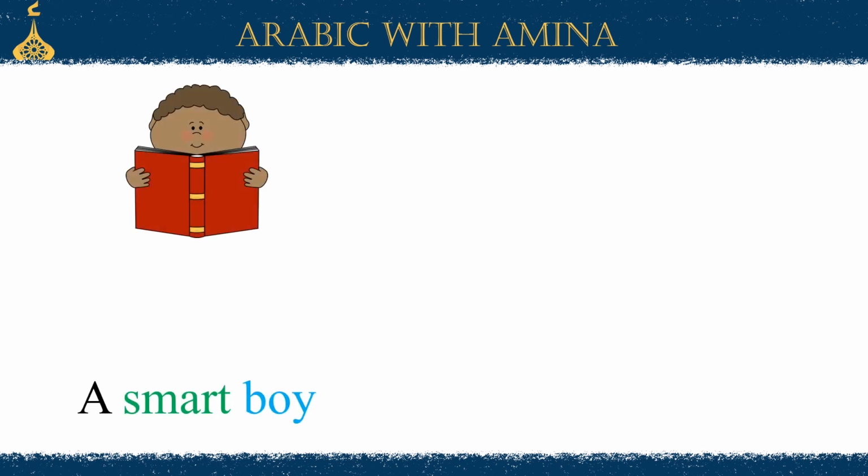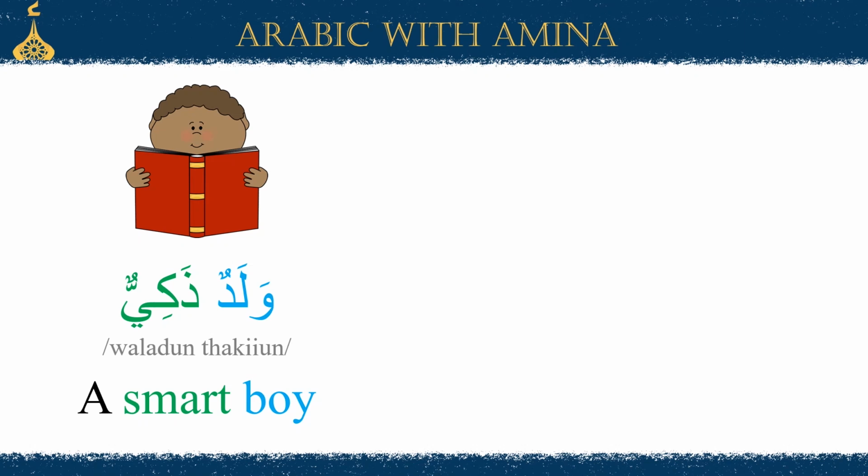If we are to say a smart boy, obviously we are referring to a masculine noun since it is a boy. So in Arabic, we would say waladun ذكي. Dhaki is in the masculine form, and this is to match the masculine noun boy or walad.